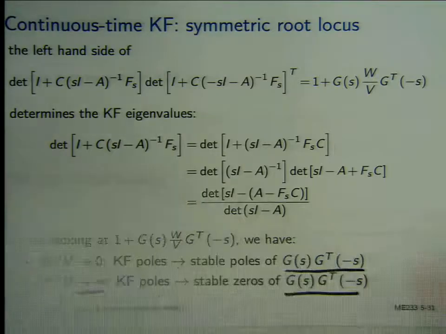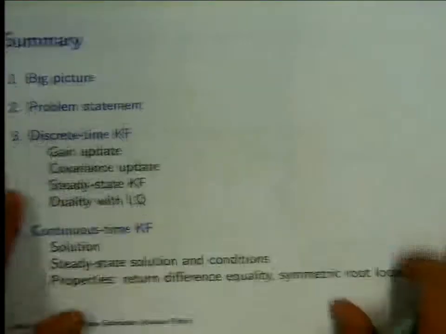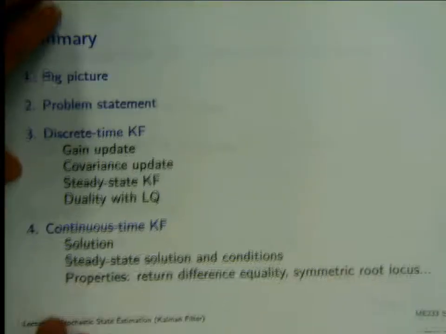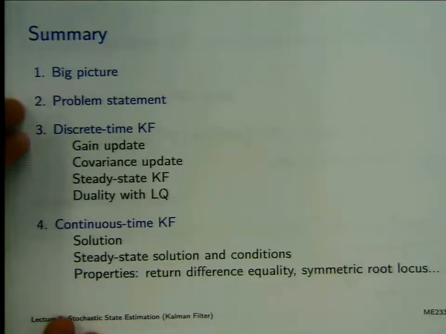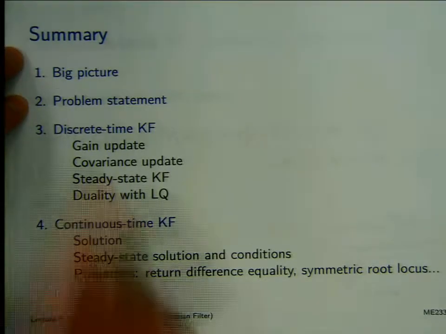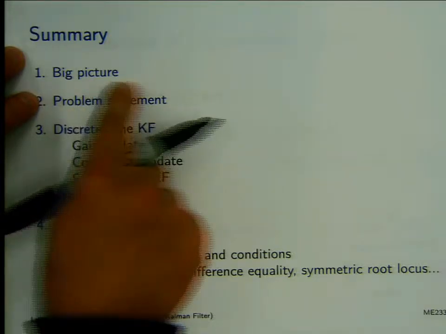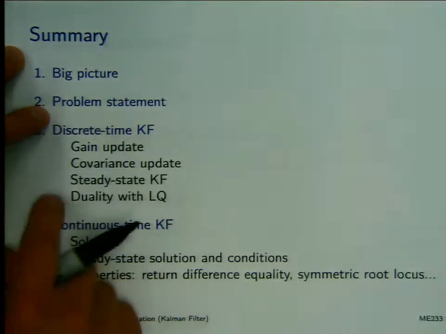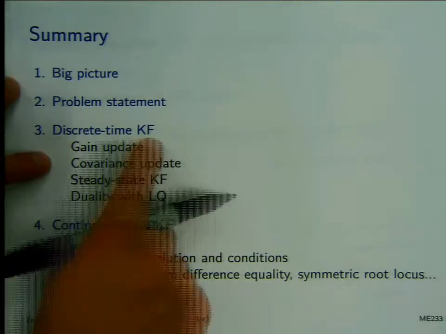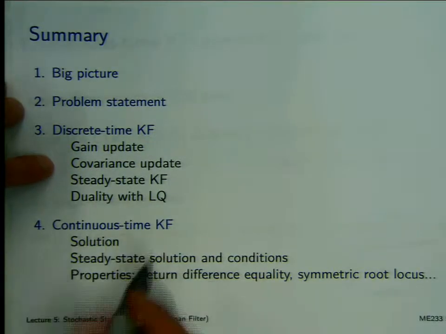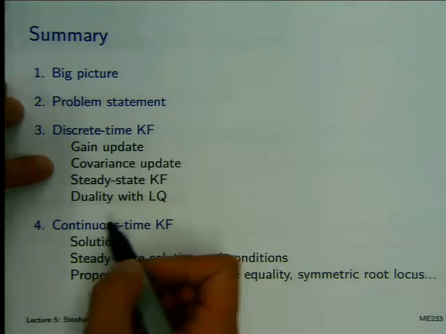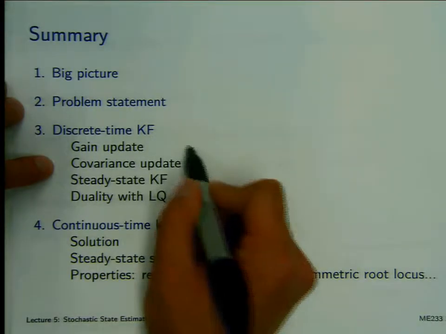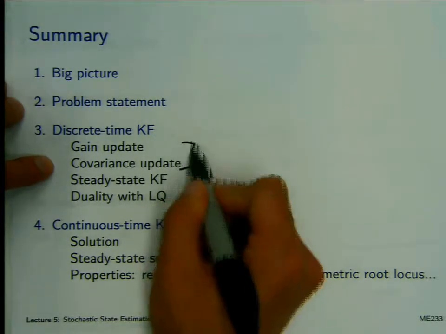Okay, so to wrap it up, we have finished the following topics. We have defined the big picture of Kalman filter problems, which is least squares state estimation. And then we discussed the discrete time Kalman filter and the continuous time Kalman filter. Over there, we derived the Kalman filter equations.